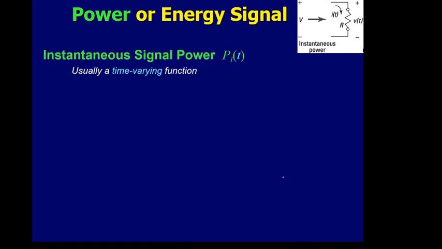When we first think about power, or we're first introduced to it, we're introduced to the idea of instantaneous signal power. So if we had, for example, a time-varying current going through a resistive load, we would develop a time-varying voltage across that resistance, and they'd be proportional by the resistance value.